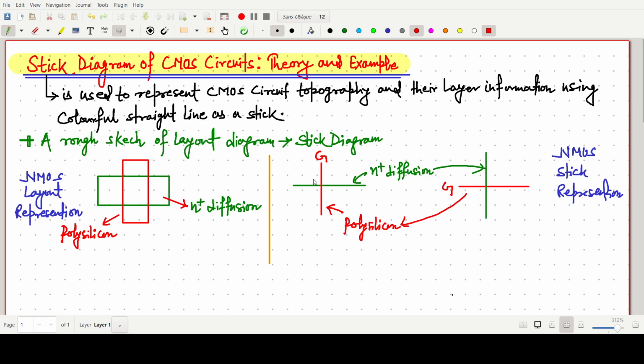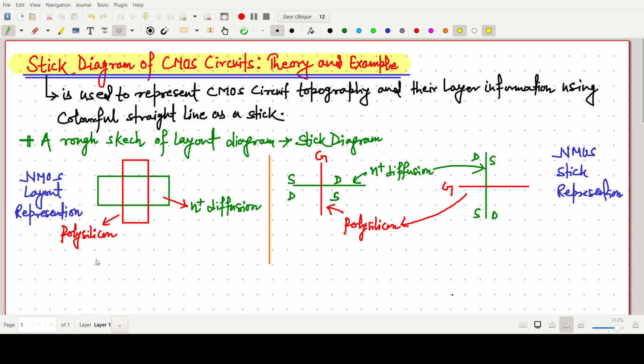Okay, on left and right, either it should be source region or drain region, or it is a symmetrical device, so it may be either drain or source. Okay, source, drain. So here we can also write, either it is source or drain, or if we say this is drain and this is source, like this. So that we have to know.